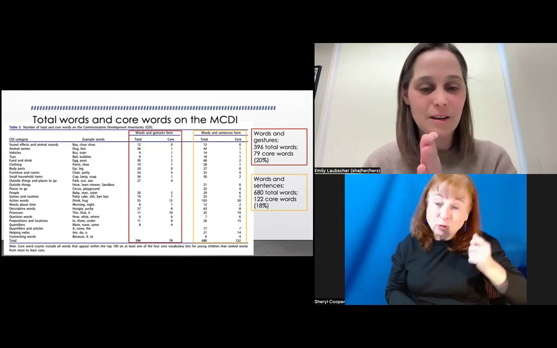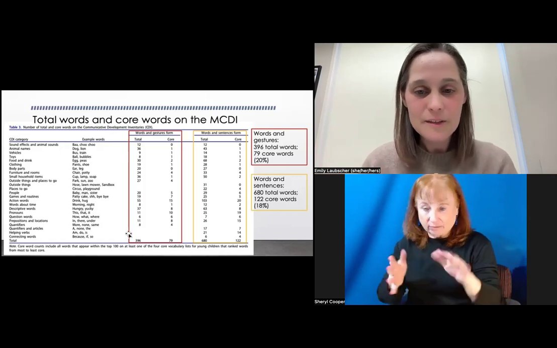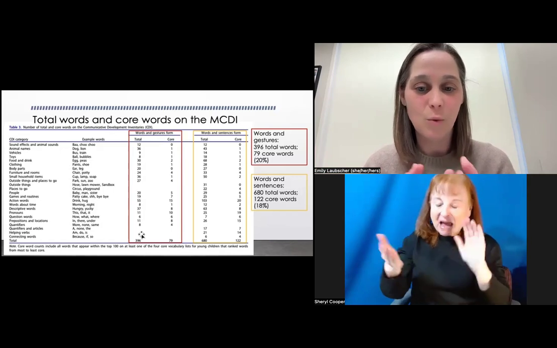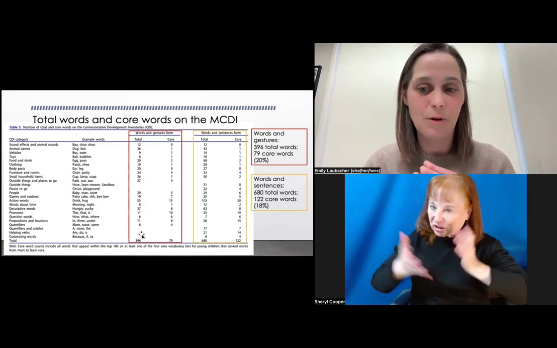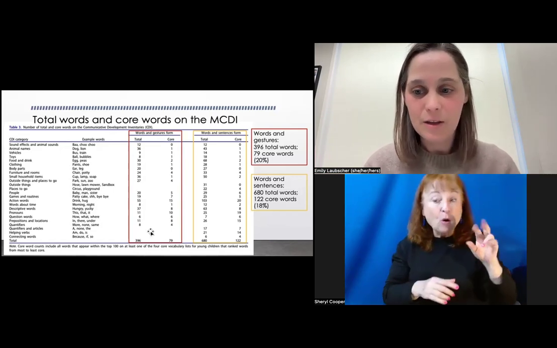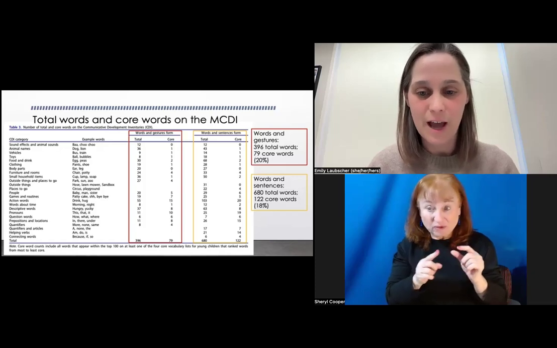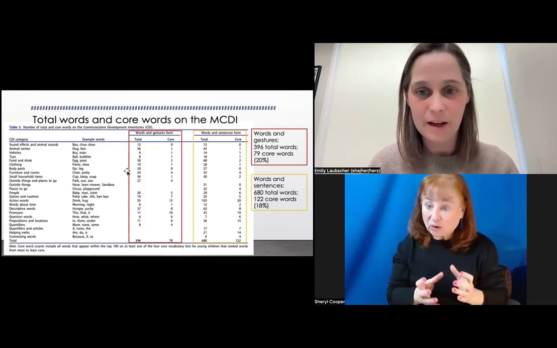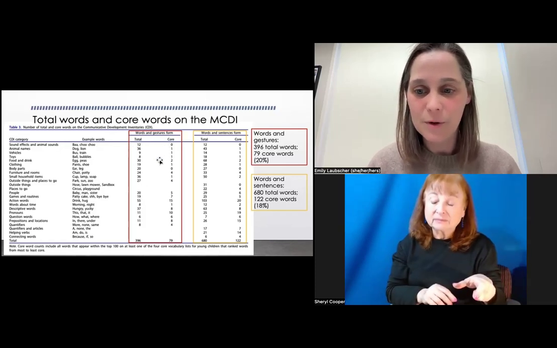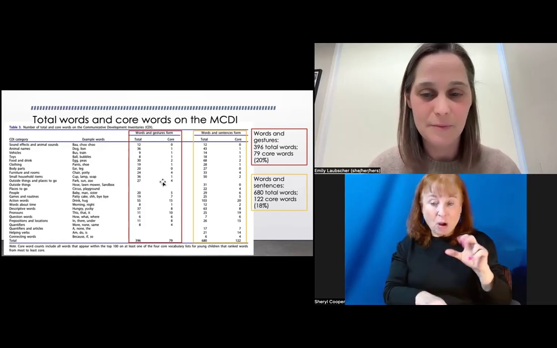Okay, so then moving left to right across the table, this column, outlined in red, compares the MCDI words and gestures form, the form for the younger age group, to core word lists. So you can see here the total number of words for each category on the MCDI. That's this total column here. And then the total number of those words that appear in the top 100 on the ranked core word lists. That's here.